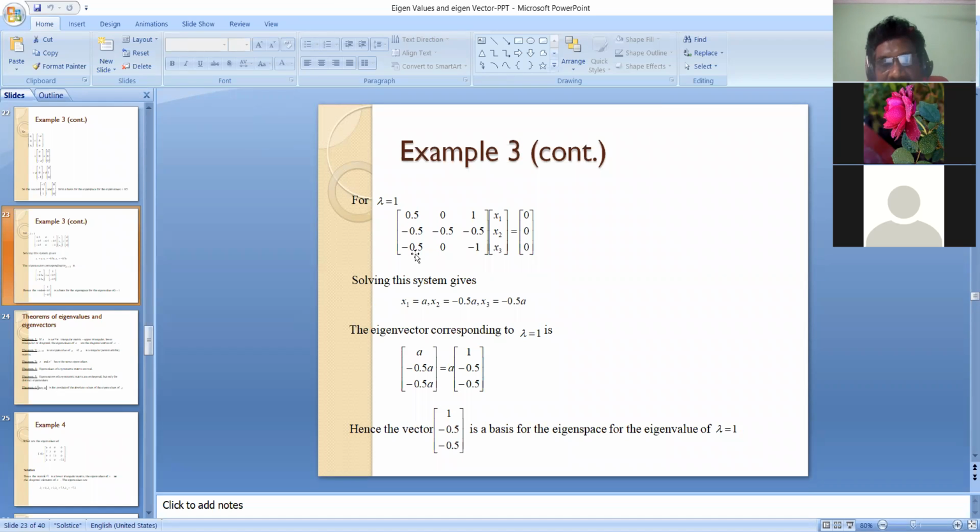Then only we get eigenvalues. After getting eigenvalues, we solve the homogeneous system of equations for each and every eigenvalue, and we get different, linearly independent eigenvectors. This is the procedure to find eigenvalues and eigenvectors of any matrix.